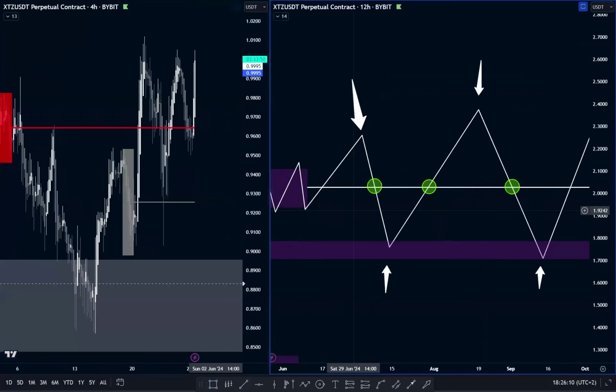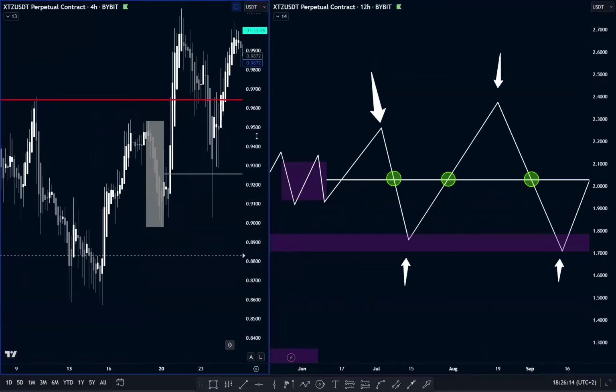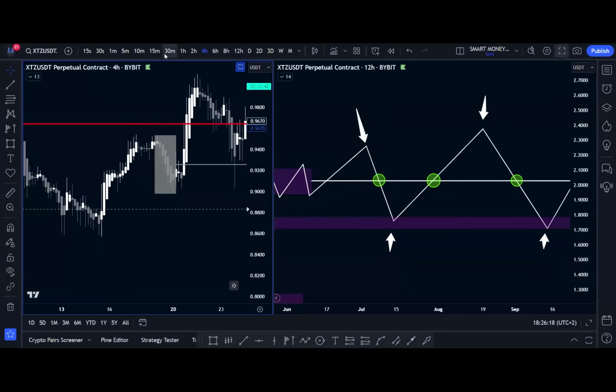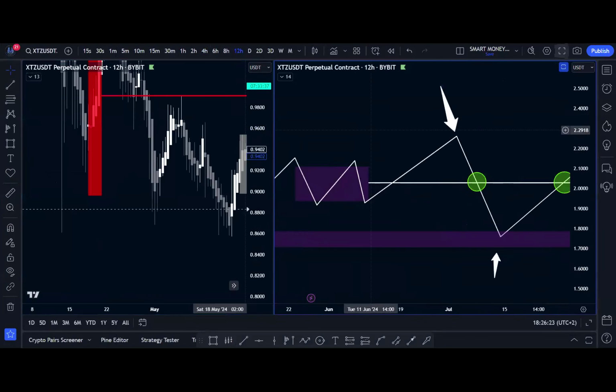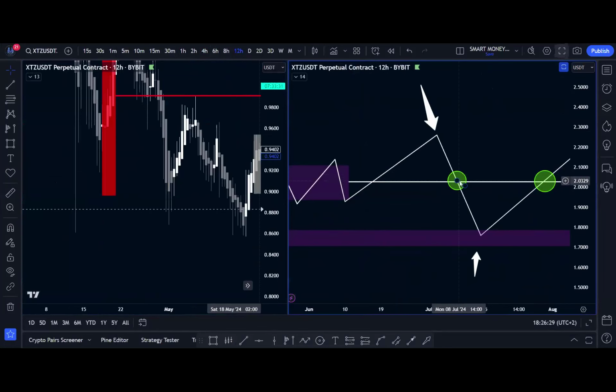I'll show you over here. As price gets further away, let me go into a higher time frame. So here we go. I'm just going to zoom in on both of these so it's super clear. You can see over here, as price is coming further and further away from the value line, just imagine we had no demand zone.